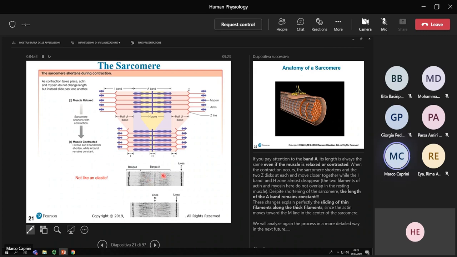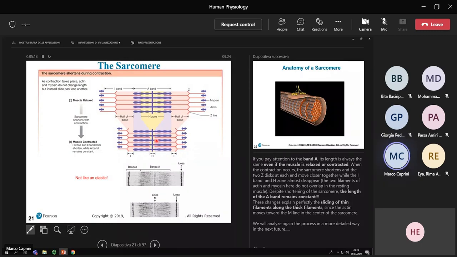But again, despite shortening of the sarcomere, the length of the A band remains constant. And these changes explain perfectly the sliding of the thin filament along the thick filaments, since the actin moves toward the M line in the center of the sarcomere.